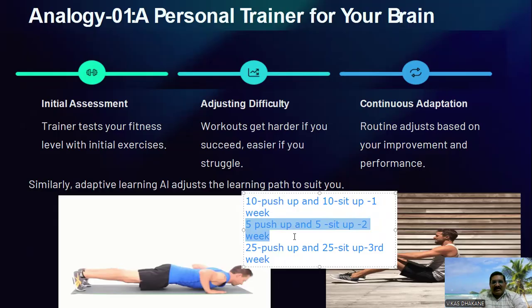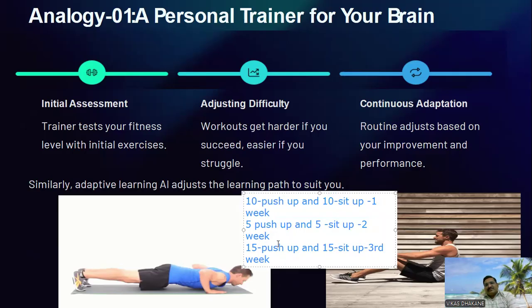Now, after completing the second week, if this person feels that now I'm in a better situation, and the same thing is observed by the gym instructor also, then the gym instructor goes for 15 push-ups every day for one week, and 15 sit-ups every day for a week.